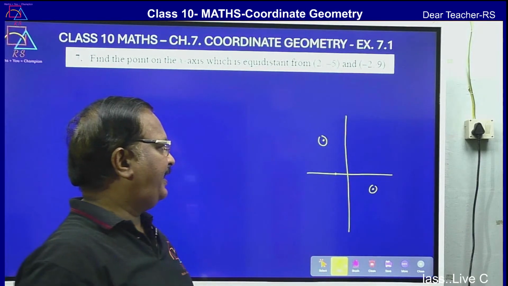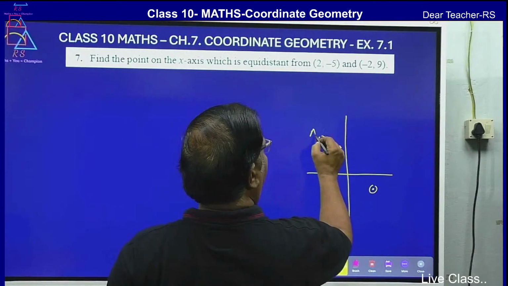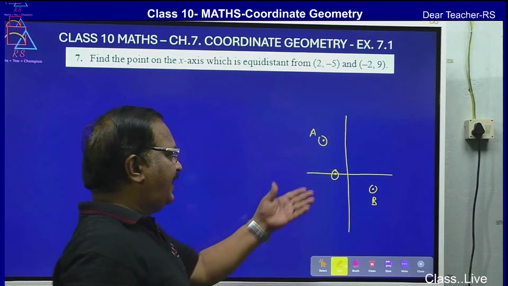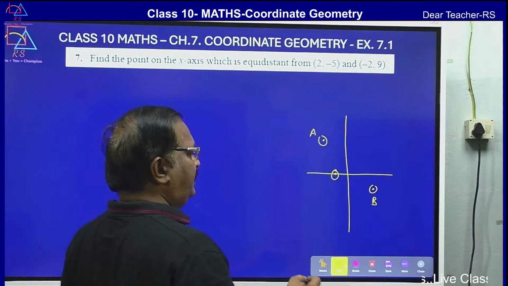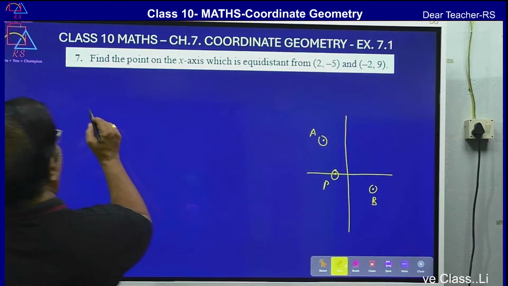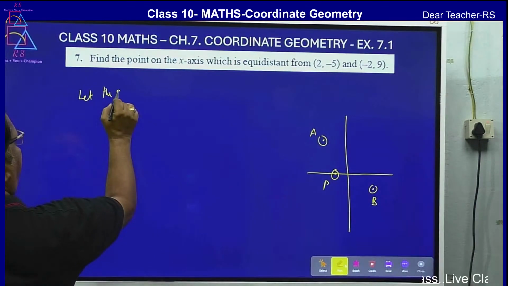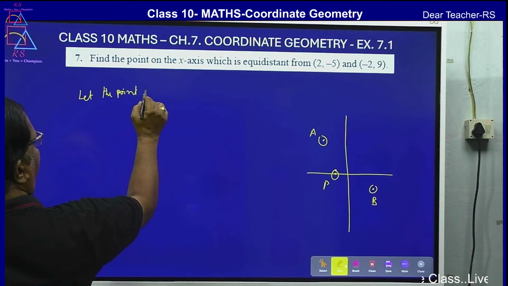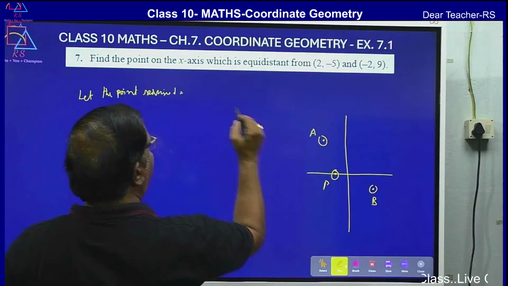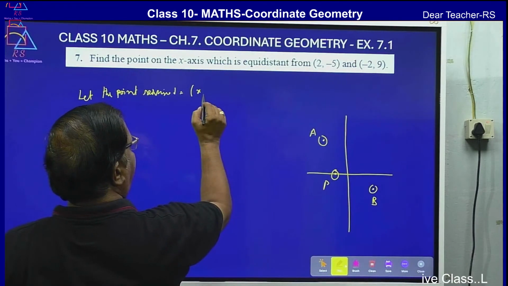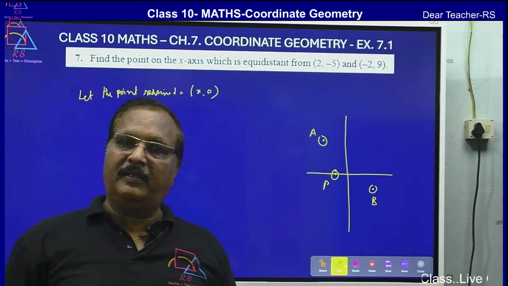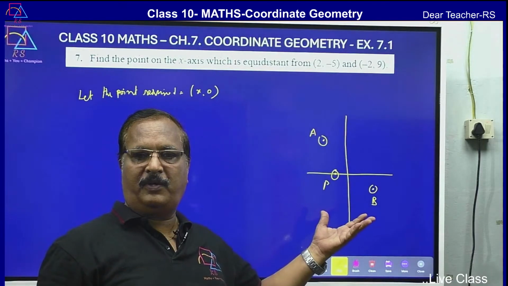All right. So now you have to find, this is A and this is B, and this is the point P. Don't think that I have written it on this side. It may be that side also. Okay. So this is P. Let the required point be (x, 0), because it is on the x-axis, so the y coordinate will be 0.